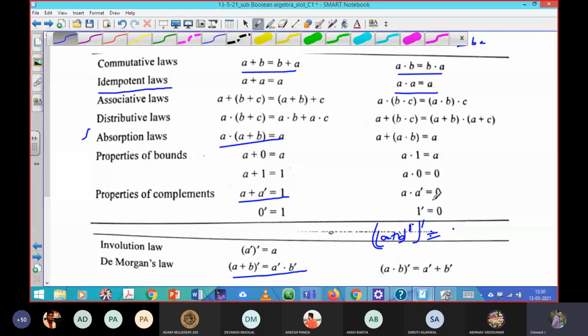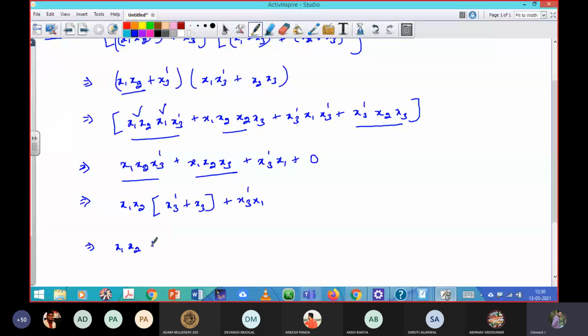Okay. Is there any other possibility to apply simplification on it? Is there any other step that can be applied? Is it possible? No. Okay, very good.